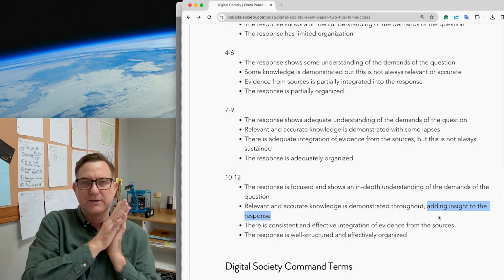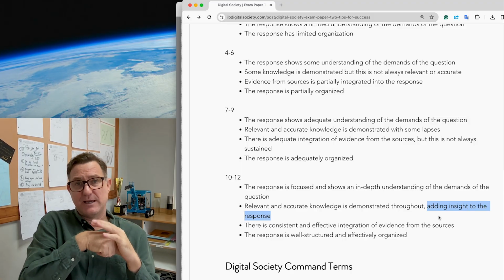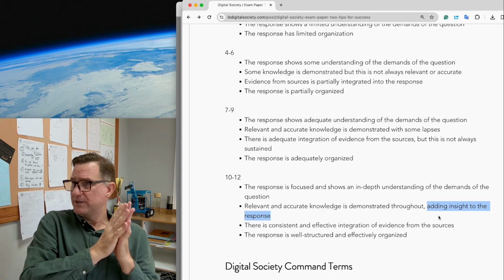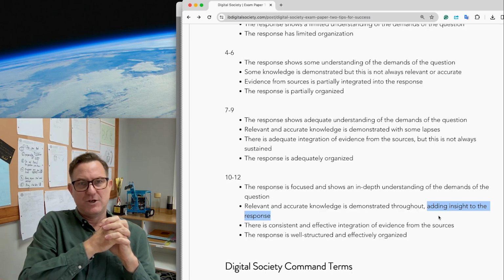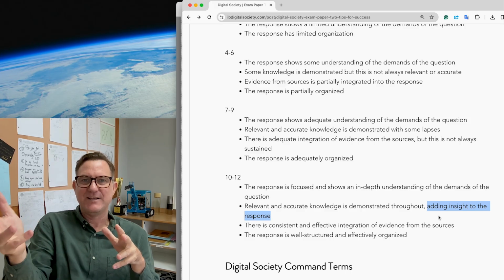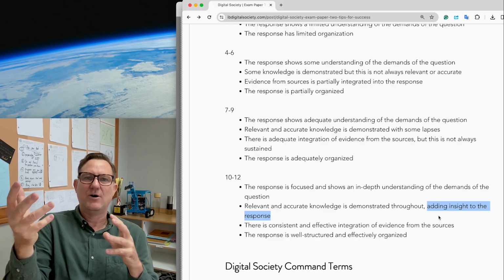When I was supervising some extended essays, I used this phrase called intellectual initiative. I didn't know what it meant, so I looked it up, and it's a similar kind of thing, adding insight to your response. What uniqueness, is there something new you could offer?